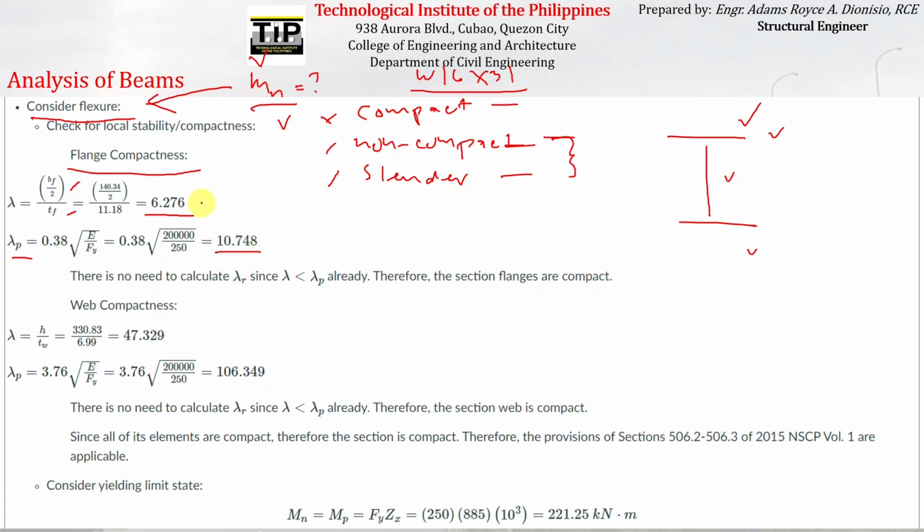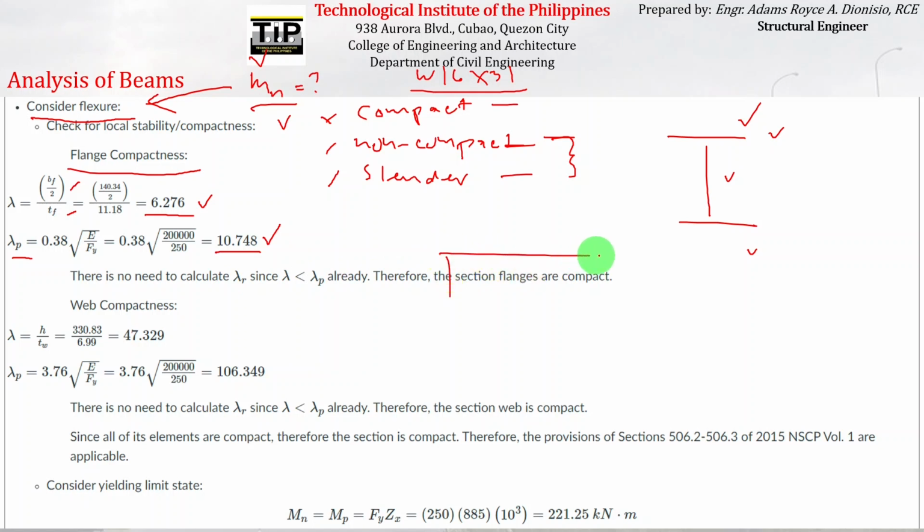So since the flange width thickness ratio of W16x31 did not exceed the maximum width thickness ratio for compact section, therefore we can say that the flange is actually compact.